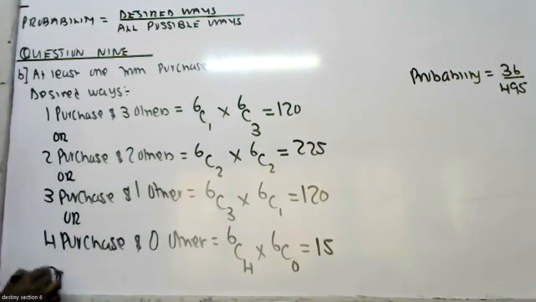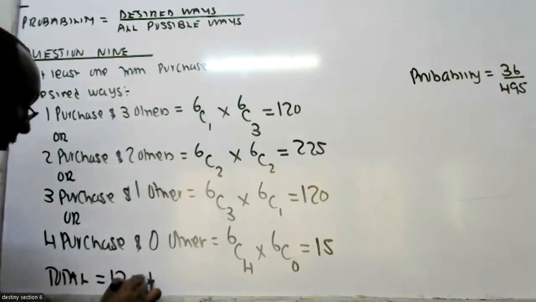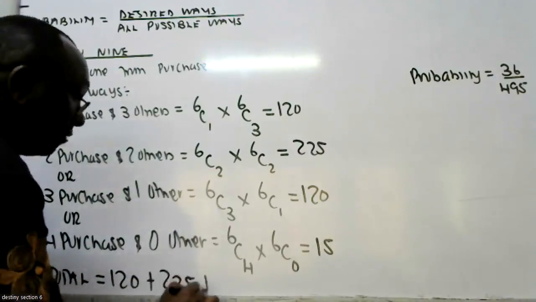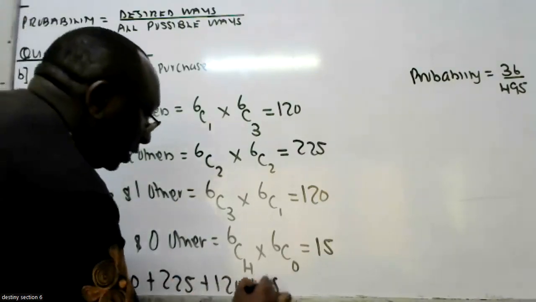So total is 120 plus 225 plus 120 plus 15.